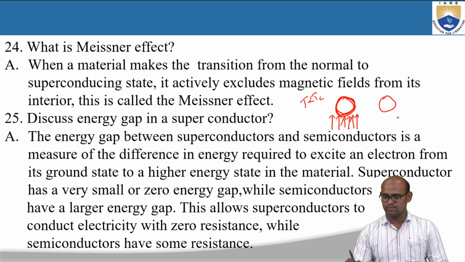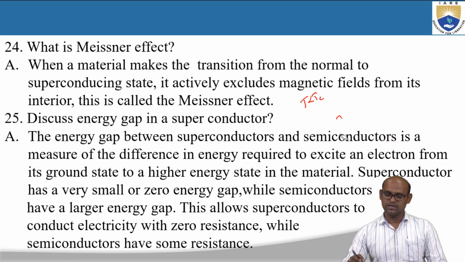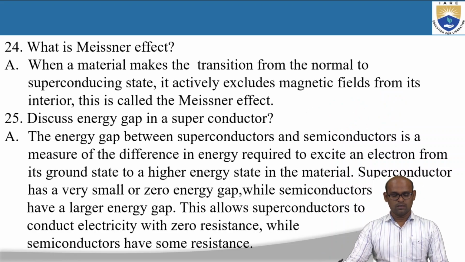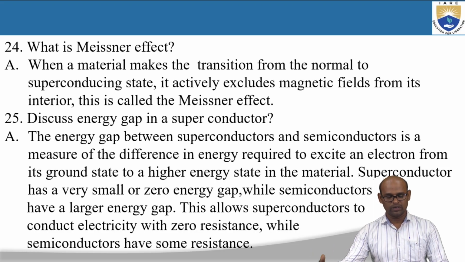It repels the applied magnetic lines. This phenomenon where the superconducting material repels the applied magnetic field is called the Meissner effect. Based on the Meissner effect, we have maglev trains, magnetic levitation trains, where the trains float in air.